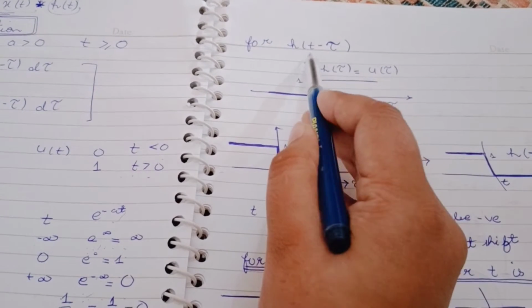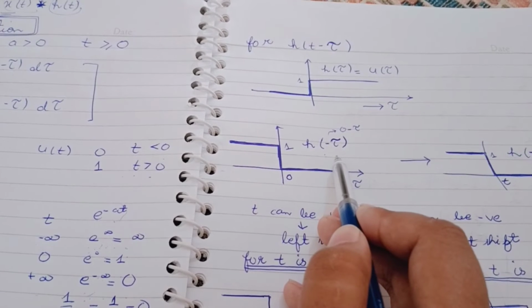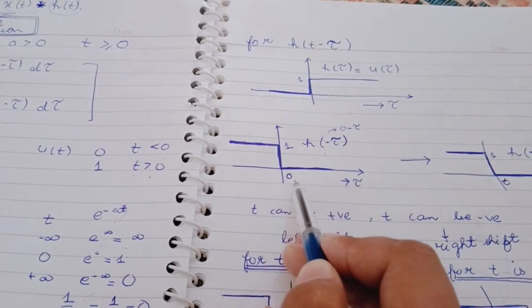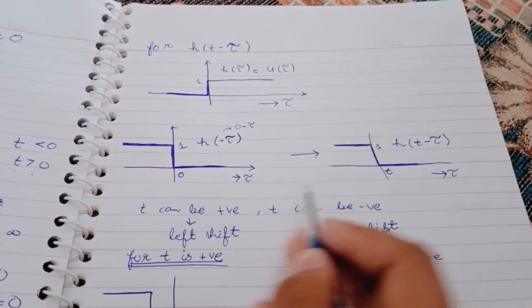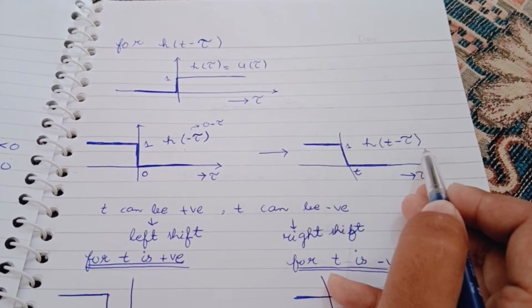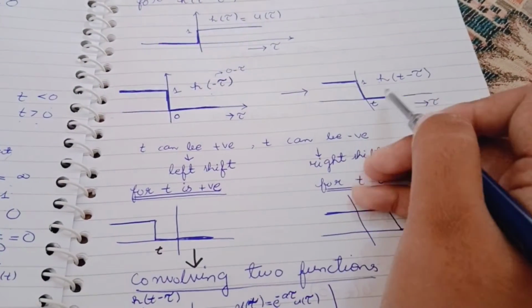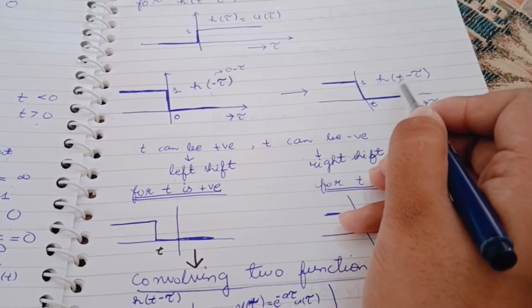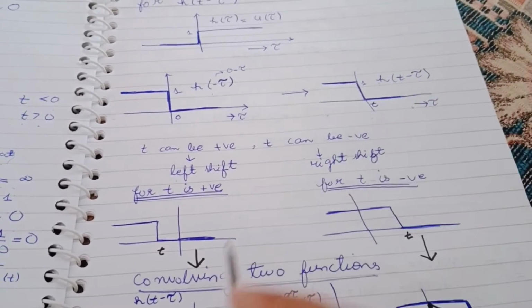Here what we have given is t minus tau. So 0 minus tau will be equal to minus tau, because the origin is 0. For obtaining t minus tau, we take the origin as t, so this becomes t minus tau. This tau is already negative, but t can be negative or positive.